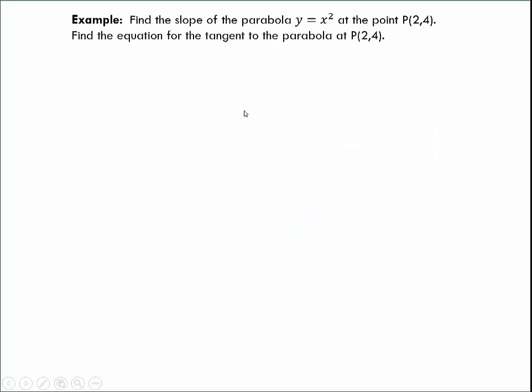So now what I could do is I can actually find an equation for the tangent to the parabola. So if you remember, first we had my tangent slope was 4. I have a point here, 2, 4.